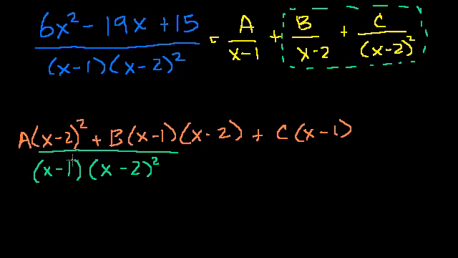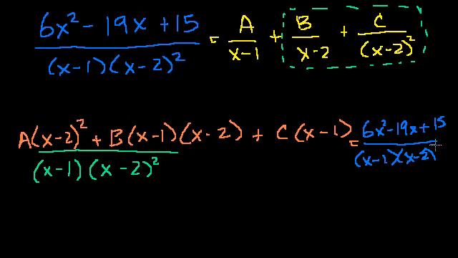If that cancels with that, we're left with c over x minus 2 squared. And all of this is going to be equal to that up there in blue, 6x squared minus 19x plus 15, all of that over x minus 1 times x minus 2 squared.